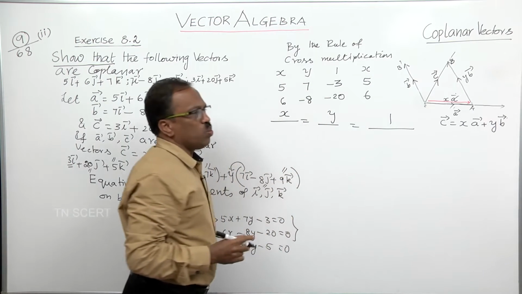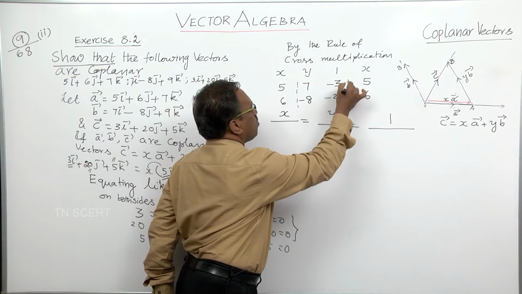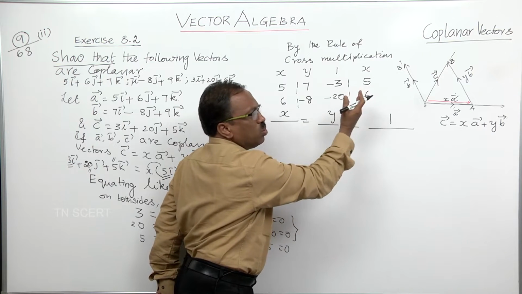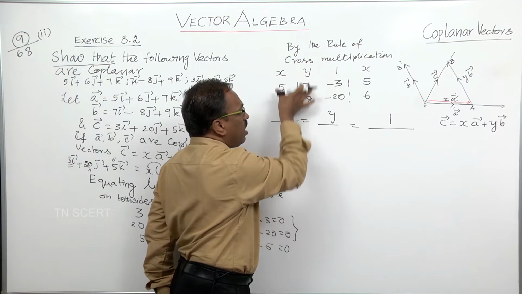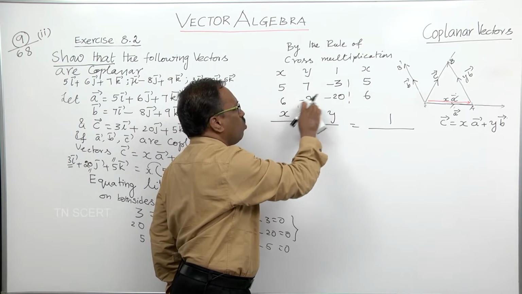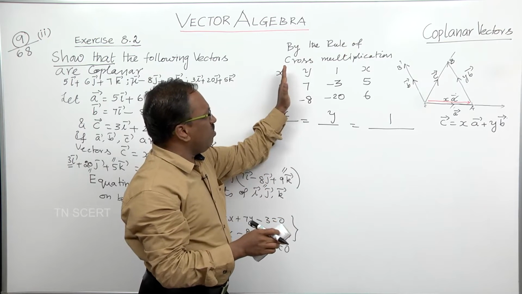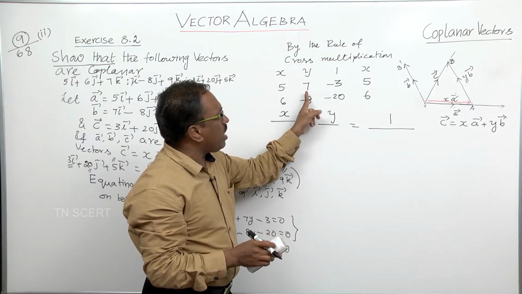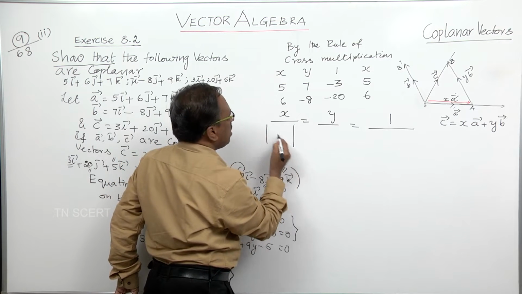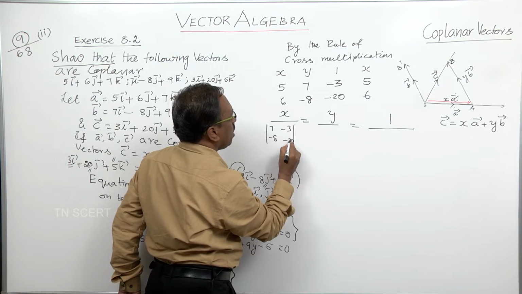These are the 3 things we wish to take. Now, for x you have to take only this part, for y leaving this and taking the remaining 2 columns, and for 1 considering only the first column. Remember, for calculating x, leaving this column and taking the next 2. Next 2 means you take 7, negative 3, negative 8, negative 20.